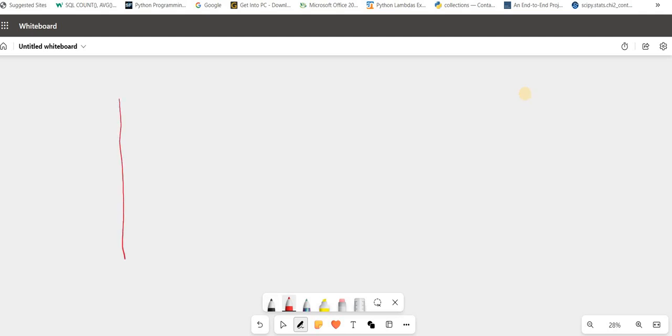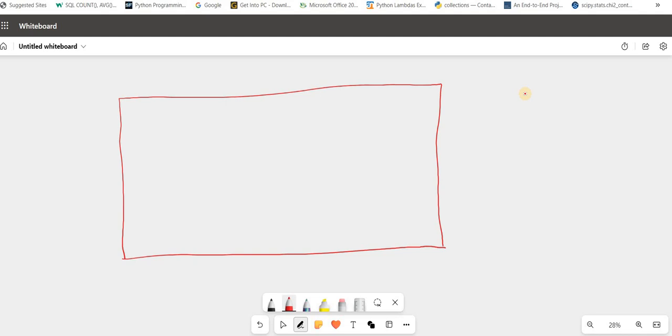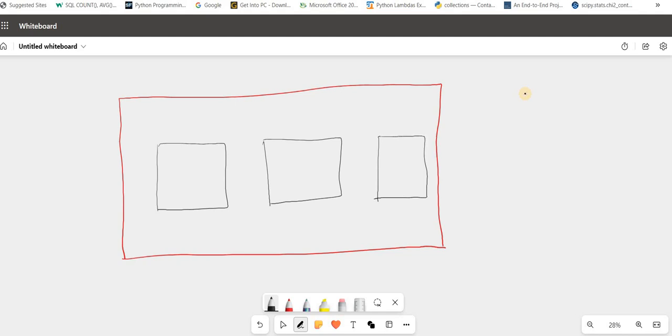Understand this very carefully now. So this is the LSTM. I'm not drawing the internal architecture of the LSTM, I'm just writing it here, because we have already covered the internal architecture.